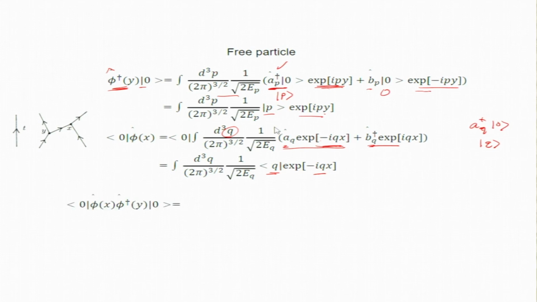Now, I am going to combine these two. So, this is a bra state and this is a ket state, and I just multiply. So, what is going to happen?